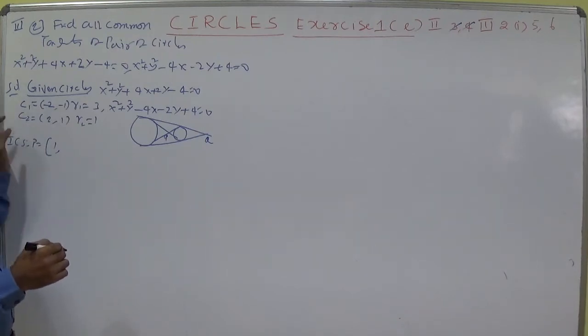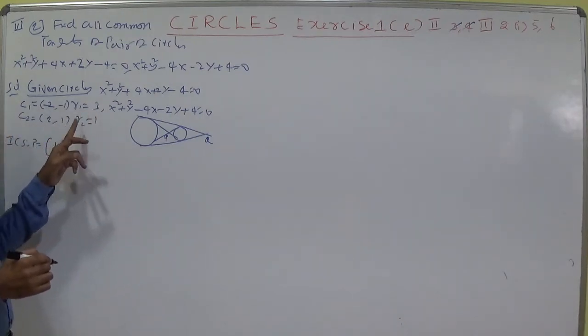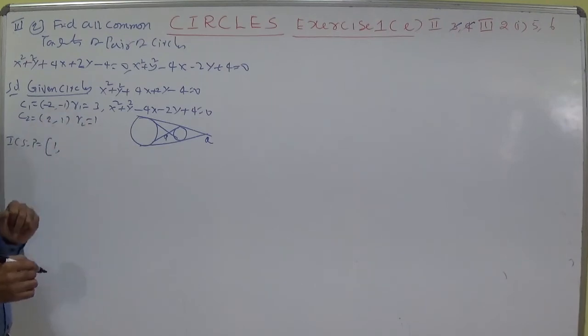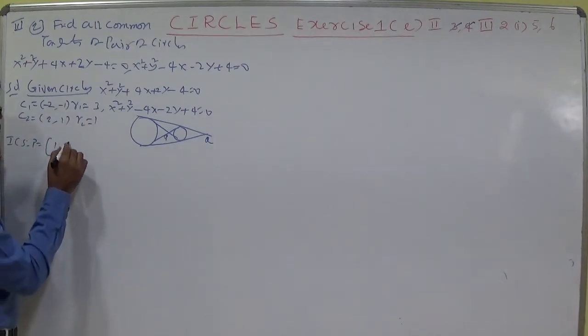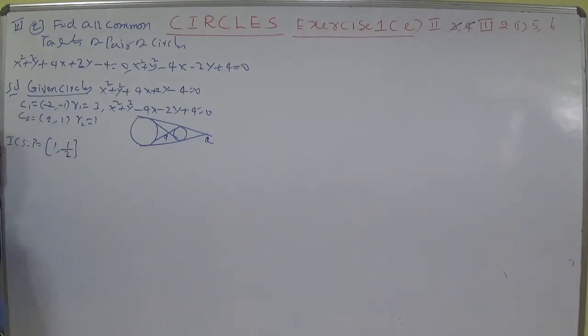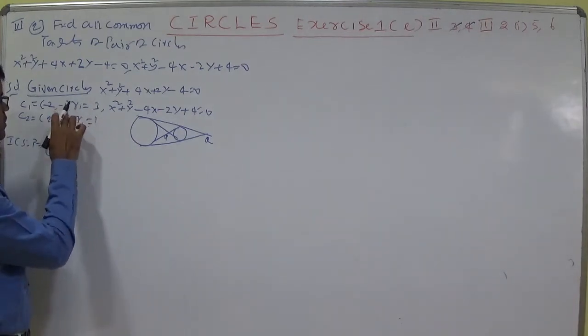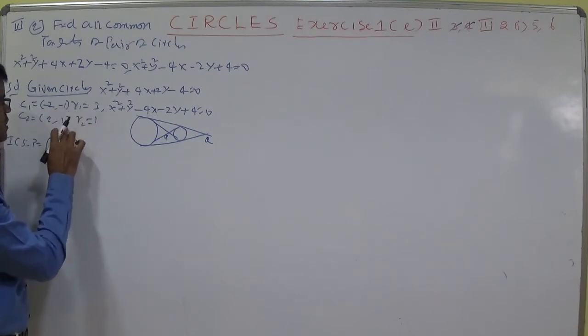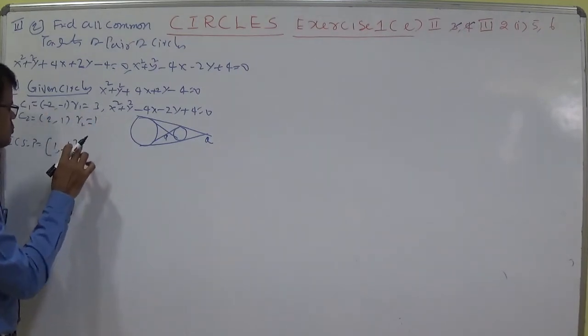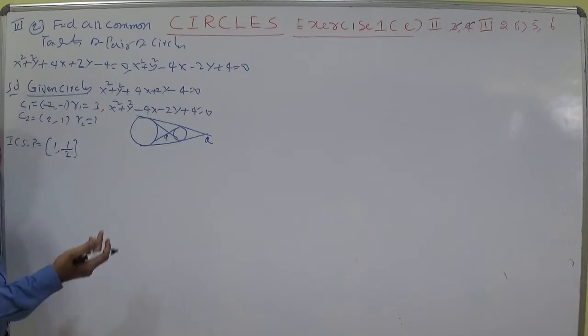Next, 3 into 1, 3, minus 1, 2 by 3 plus 1, so it is 1 by 2. So P is (1, 1 by 2).